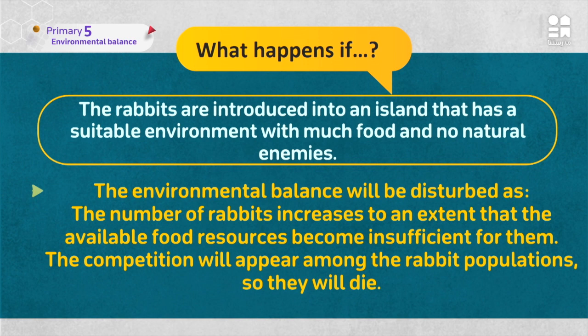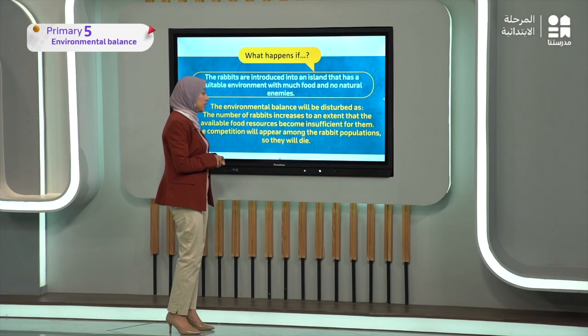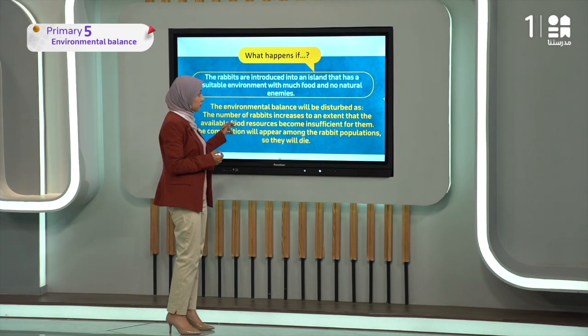As the number of the rabbits increases، هيزيد قوي بشكل أكتر من المفروض. So the number of rabbits increases to an extent that the available food resources become insufficient for them. الأكل will be not enough for them. And then the competition will appear among the rabbits and then they will die.